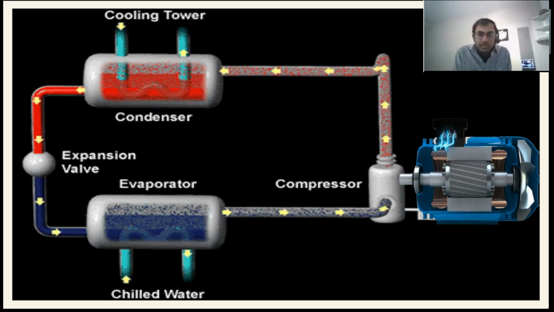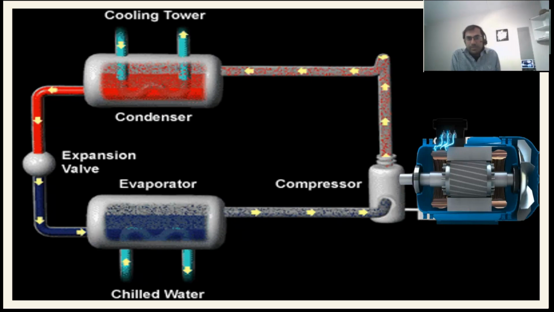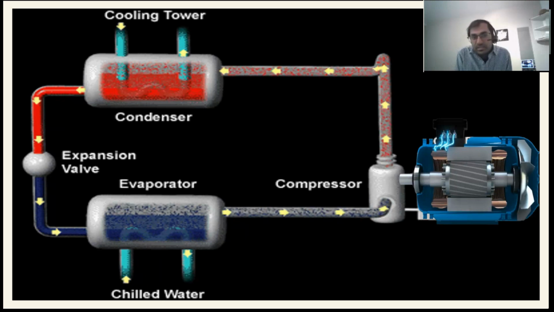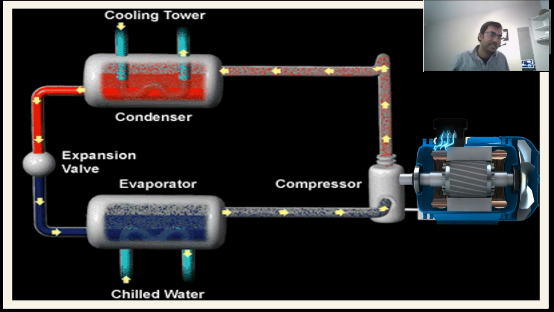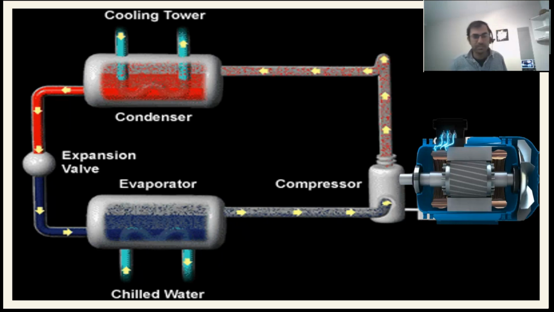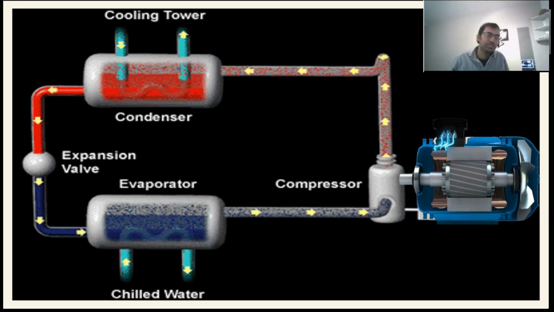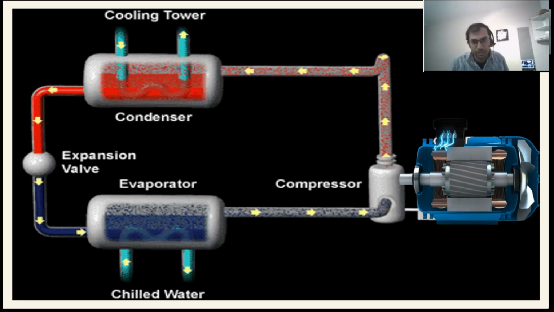This is the superheated, that is high temperature and high pressure vapor, and it is going to the condenser, and you see the condenser, it is condensed and we are getting liquid, and small amount of vapor will be present. And then expansion valve, here expansion happens, and whatever the vapor is there, due to the expansion it will change into liquid and it goes to the evaporator, and this cycle continues going on and on.